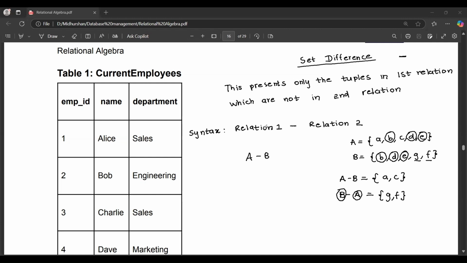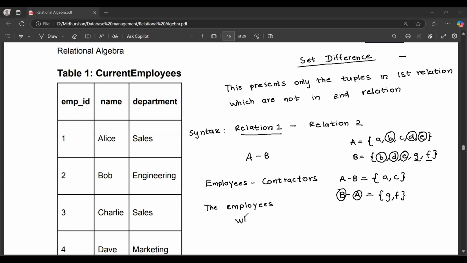Similarly, in the relational model, if you have multiple tuples in relation 1, let's say the relation 1 is employees, and let's say the relation 2 is contractors. When you proceed with the set difference operation, you will be left with the employees who are not contractors.